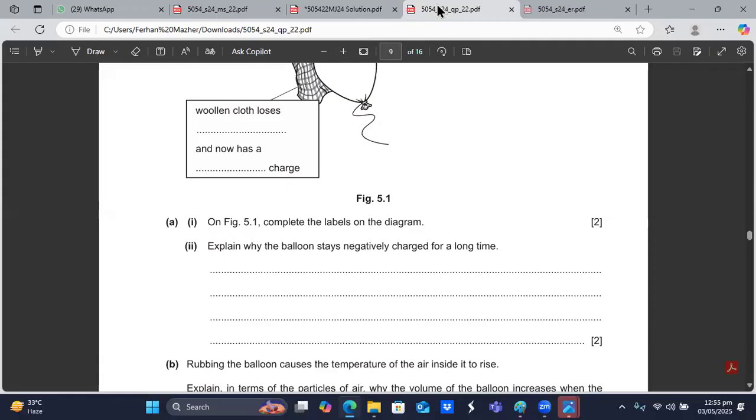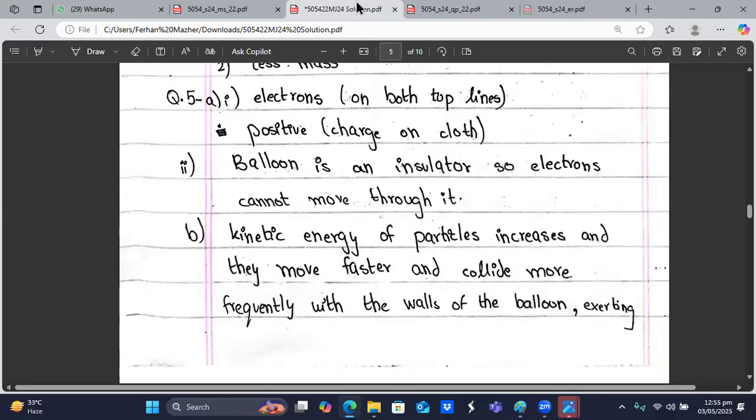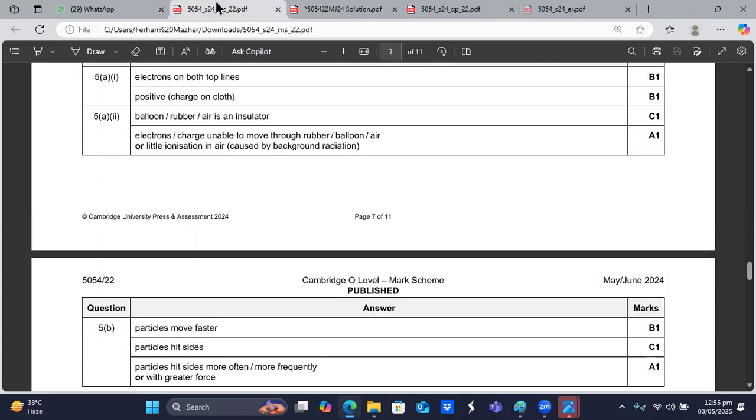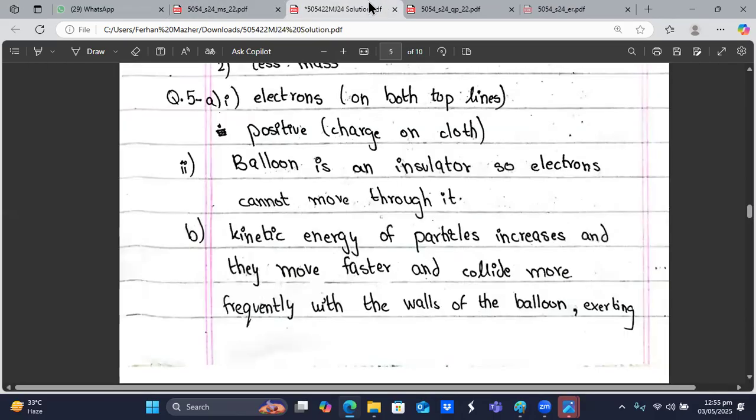And because the balloon is an insulator, the electrons which it has gained cannot go anywhere. Electrons cannot move through it, through rubber, or air, apart from little ionization in the air caused by background radiation. So electrons cannot go anywhere unless you touch it with your hand.